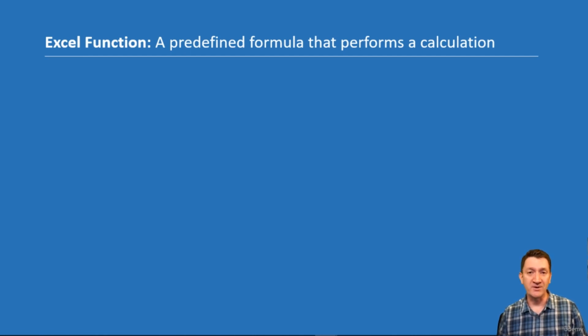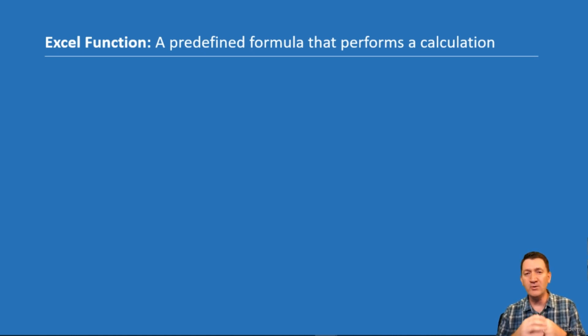Really, all an Excel function is, is a predefined calculation. That's it. The nice people at Microsoft have built a few hundred different functions for us to use. These predefined little packages will do some type of calculation, whether it's summing up a range of cells, finding an average within a range of cells, or looking up information based on criteria that we give the application.